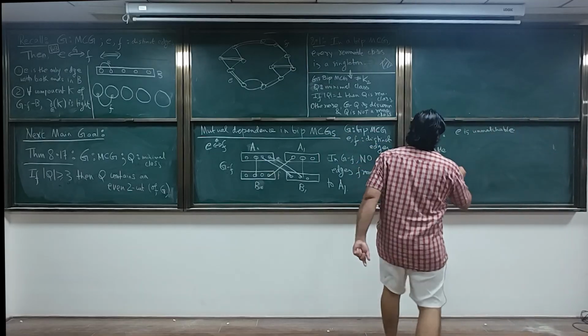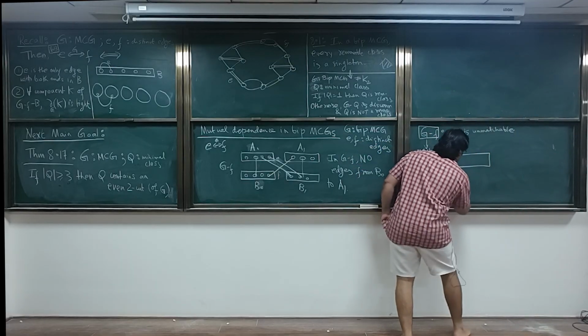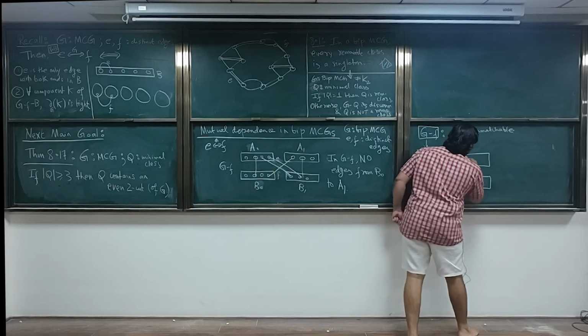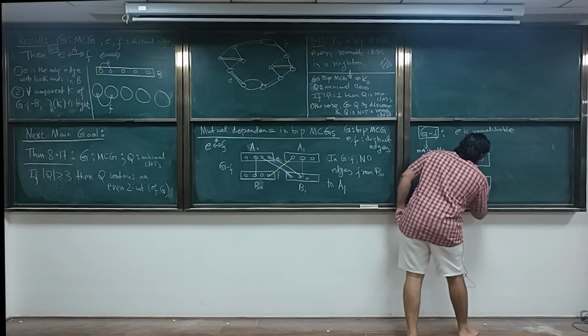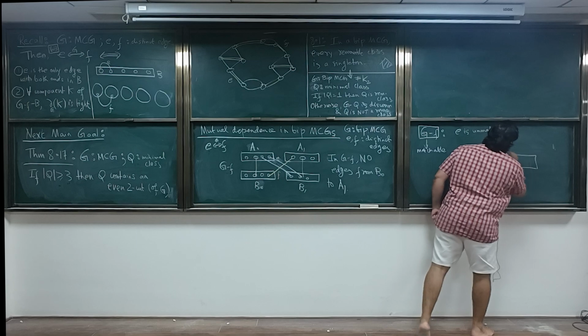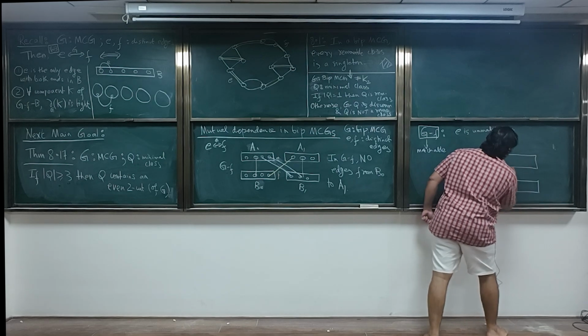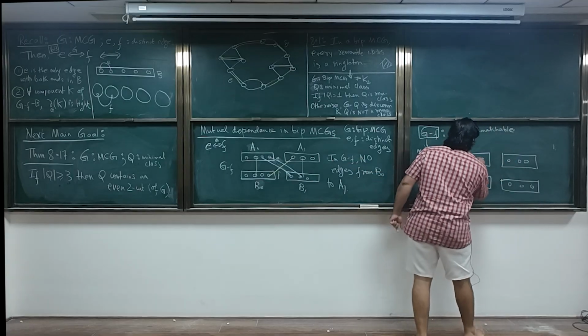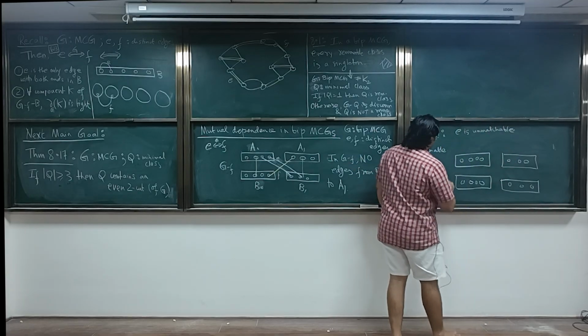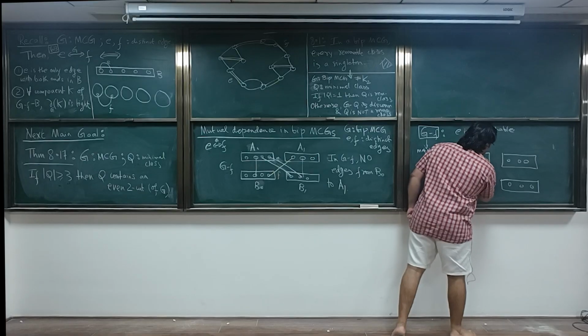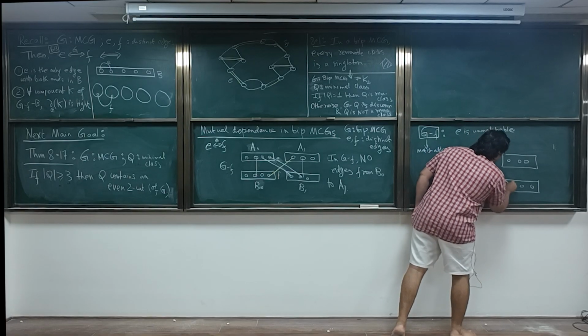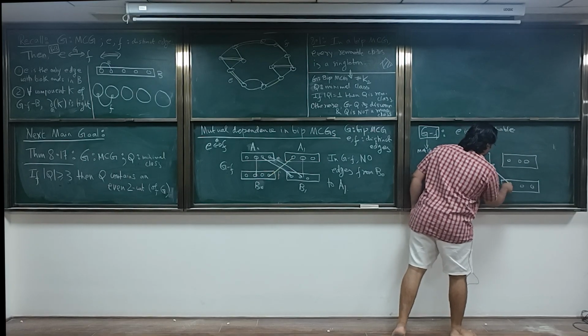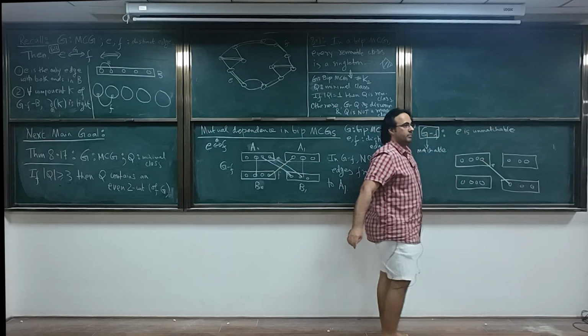I claim that it looks like this. I have a set of vertices. I have this partition of the two sets. Maybe I'll do the same numbers, 4 and 4. And the edge E is unmatchable because E is one of the edges that goes from here to here, and there are no edges from here to here.